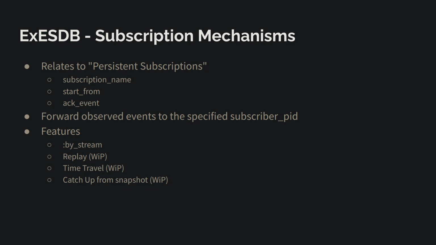So far, we only support specific subscriptions by stream. We are investigating if it makes sense to have another type of filter, but so far we haven't seen many use cases for this.